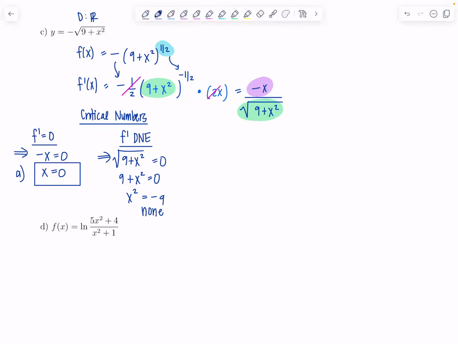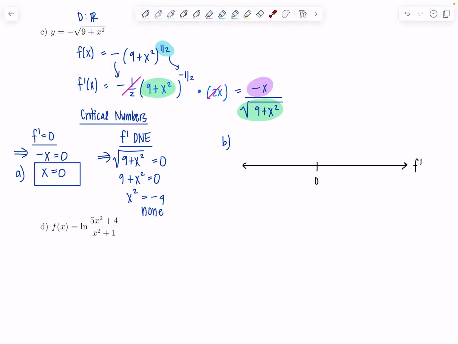Okay, now let's figure out where the function is increasing, where it's decreasing. So we're going to make our number line. We put our one and only critical number on there, 0, 0 the hero. And then let's test. So pick a number smaller than 0. How about negative 1? Do you like that?